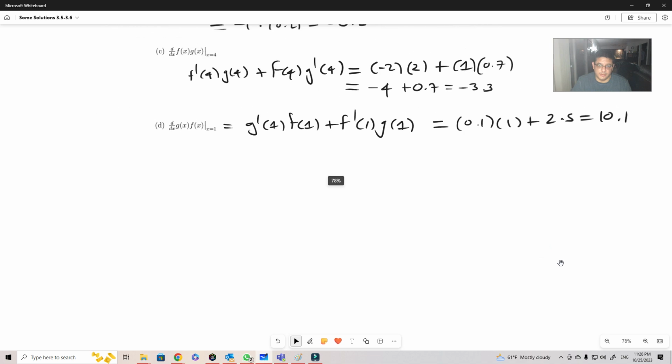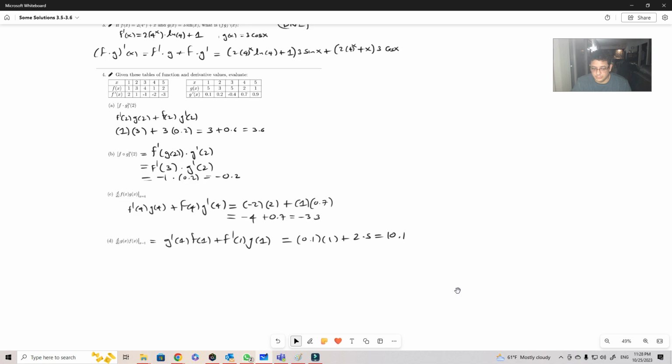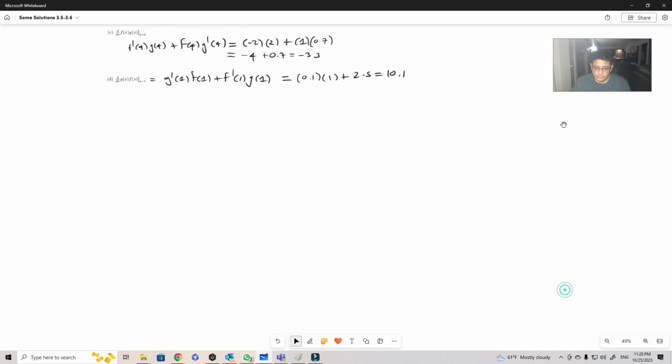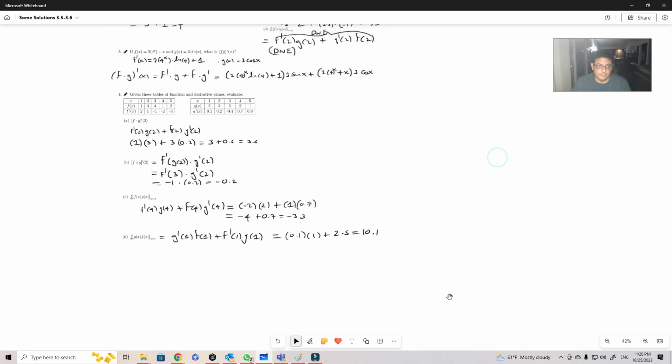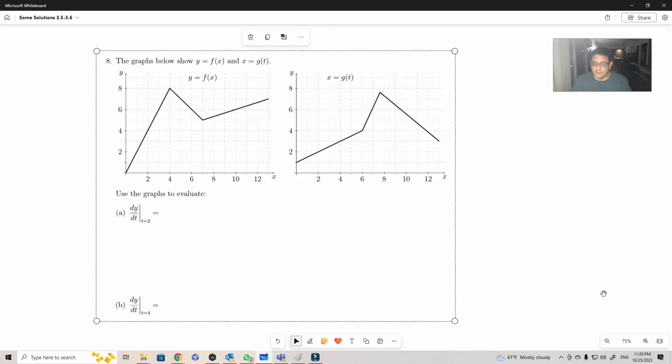Now let's move on to the next question. So it is important to know when we're actually using product rule and when we're using chain rule. So in the next question, we're gonna see that we have a couple graphs again, and y is equal to f of x, but we have that x is equal to g of t.